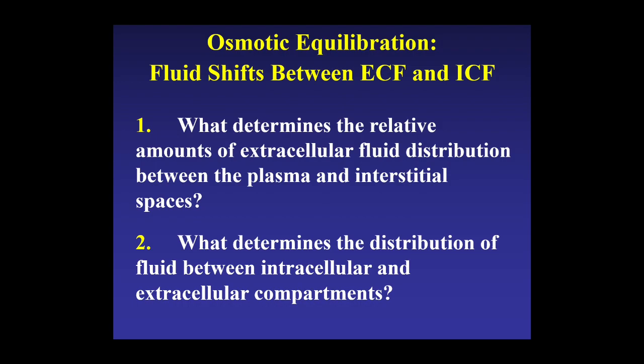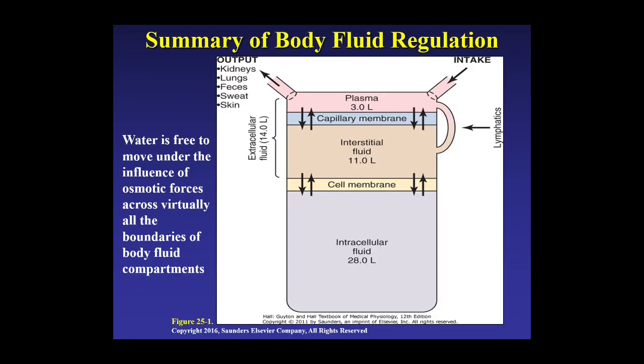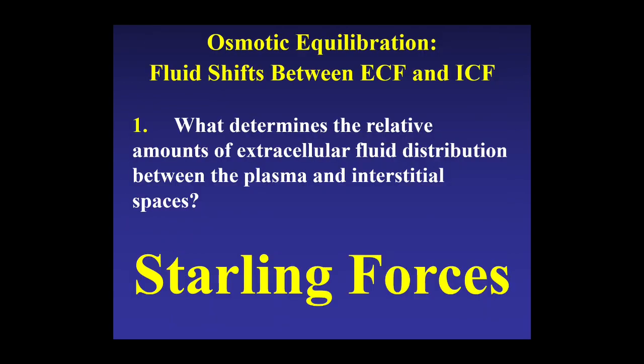Starling forces. Remember, the membrane between plasma and the interstitium is the capillary membrane. We said the capillary membrane is permeable to everything except blood cells and large plasma proteins. So what determines the relative distribution of extracellular fluid between the plasma and the interstitium is Starling forces.